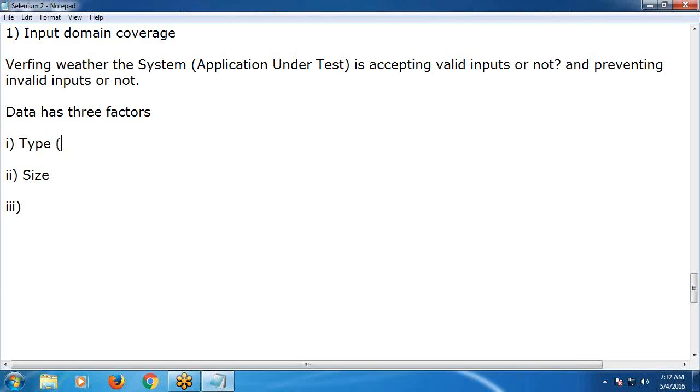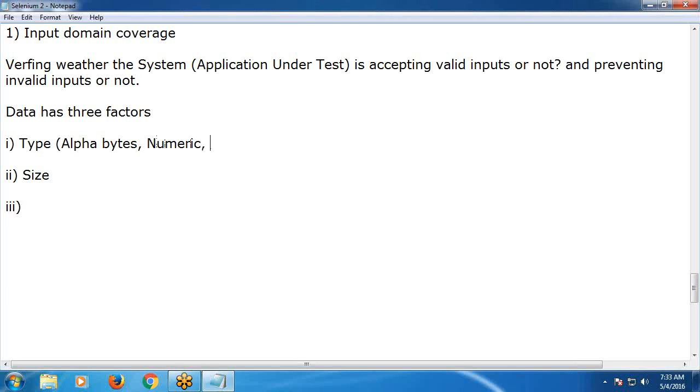Observe, Madhavi, type of the data. Give an example for type of data. It can be numeric or alphanumeric. Alphabets. Suppose a customer name field is there, it has to accept only alphabets. Suppose a phone number field or customer ID is there, for example, they have to accept only numeric.